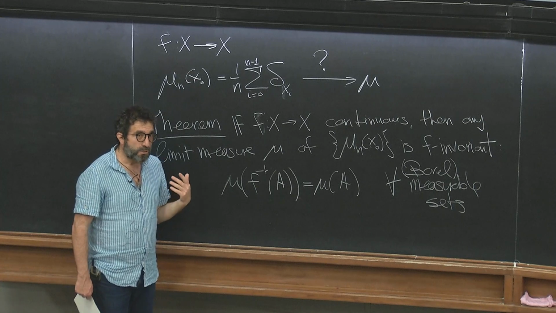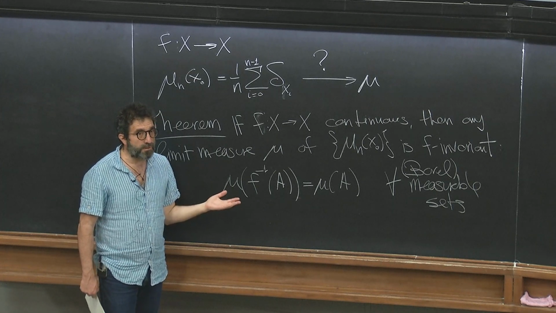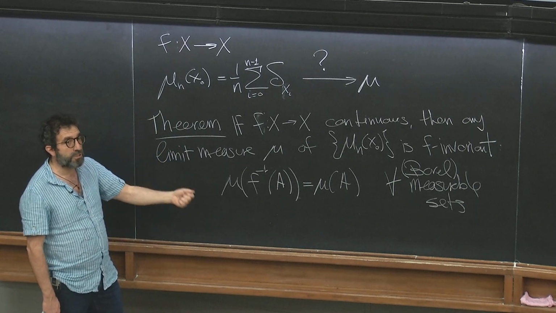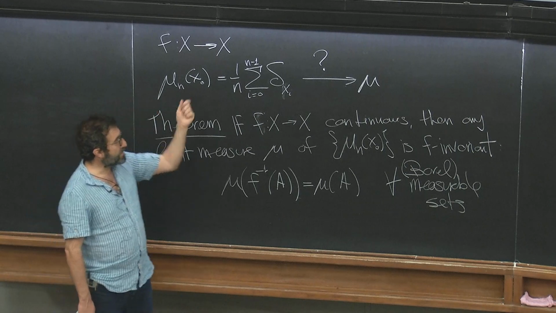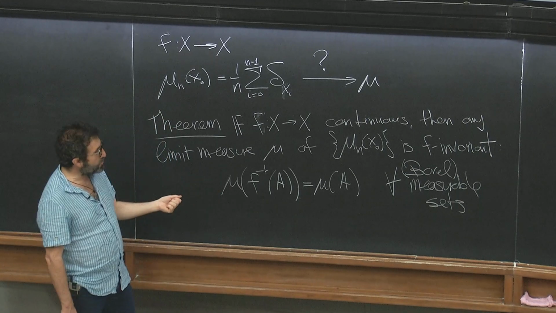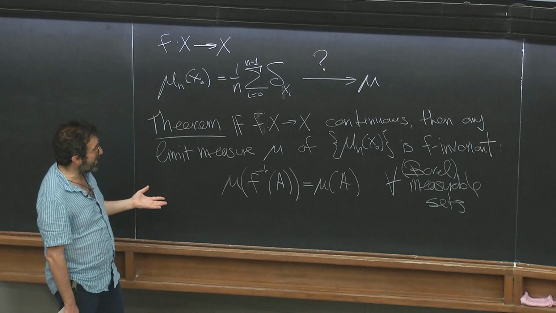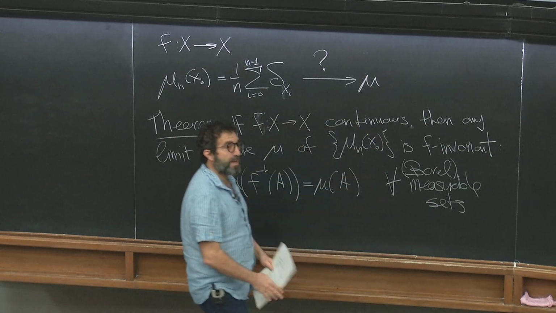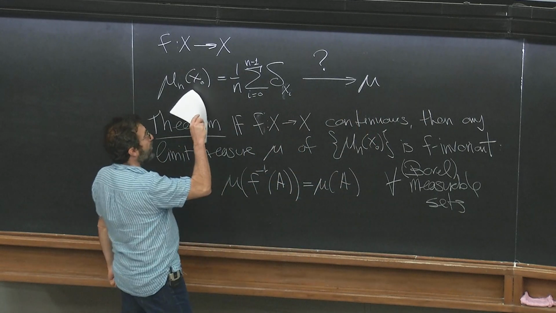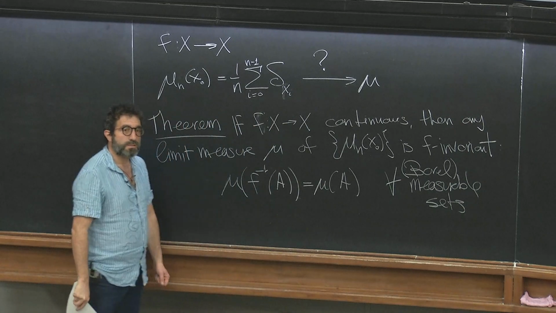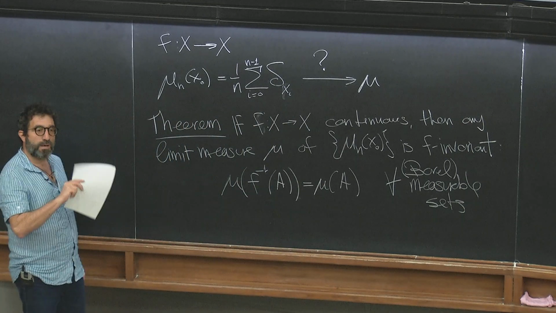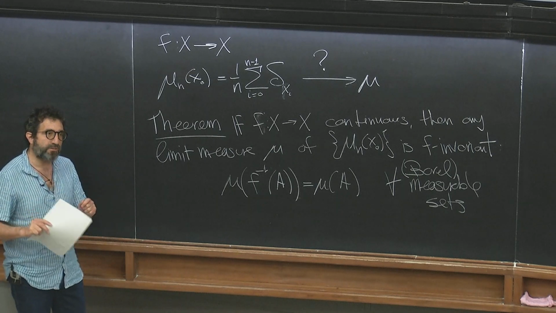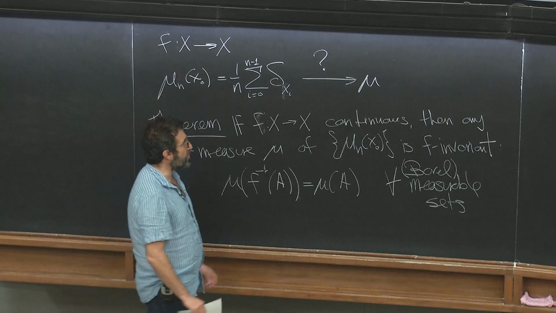The natural question that comes from here is, can we also go backwards? Our original problem was, what does this converge to? Ideally, what would be nice to say is that if I have certain properties on a measure, then there are points that converge to this. And indeed, between this lecture and the next lecture, we will be able to arrive at a very powerful statement that gives us conditions on the measure.